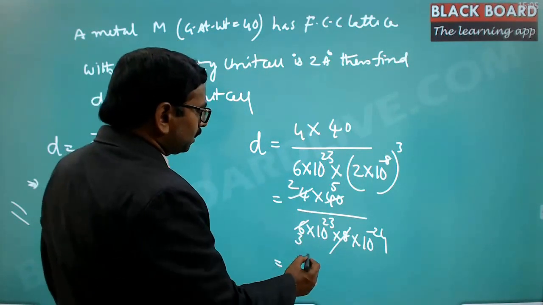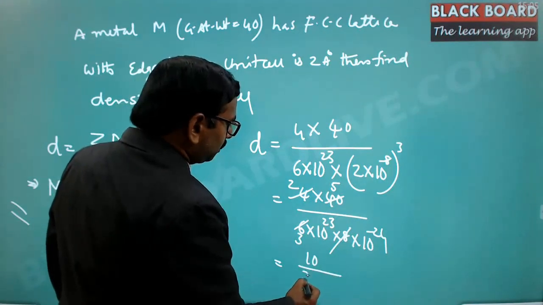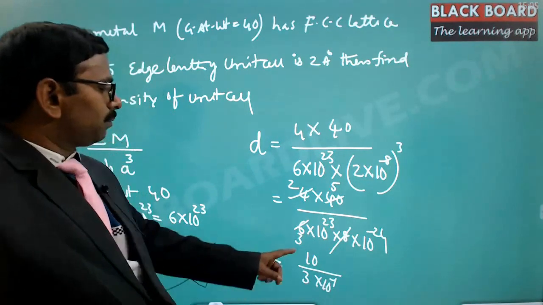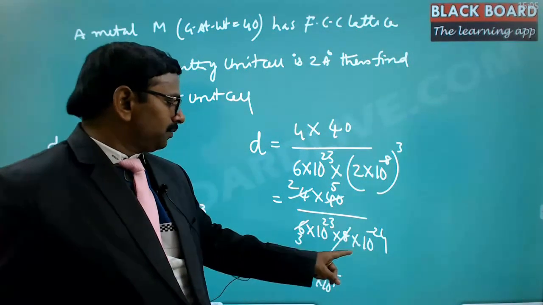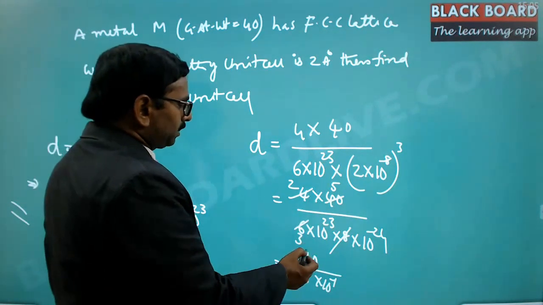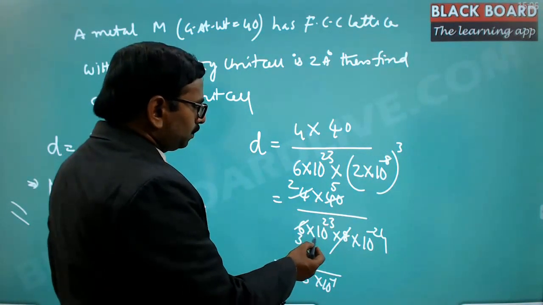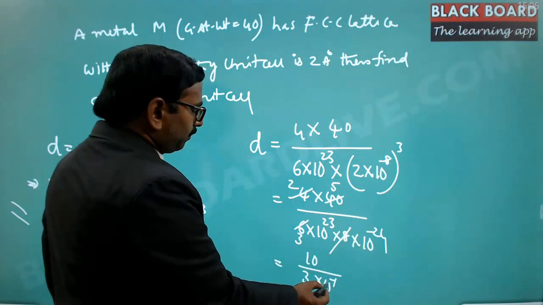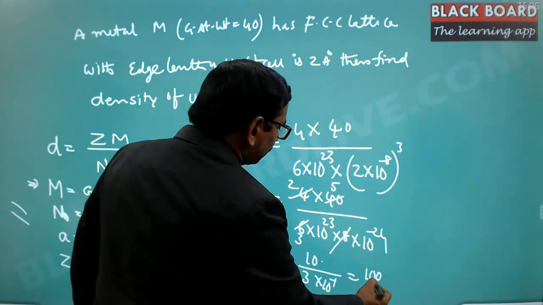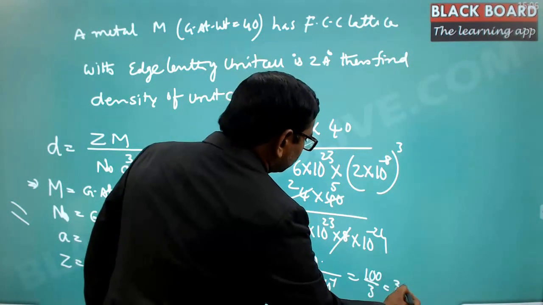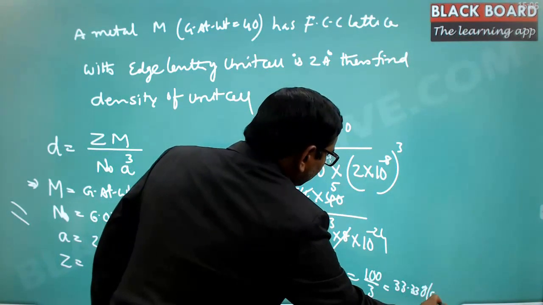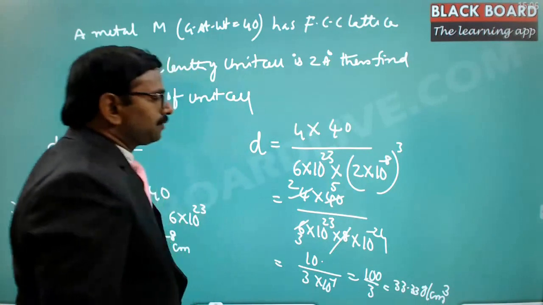Then you get 10 by 3 into 10 power minus 1. 10 power 23 into 10 power minus 24 is equal to 10 power minus 1. Numerator has 2 into 5, 10. Denominator has 3 into 10 power minus 1. When 10 power minus 1 goes to the numerator side, it becomes 100 by 3. That is equal to 33.33 gram per centimeter cube, which is the density of the unit cell.